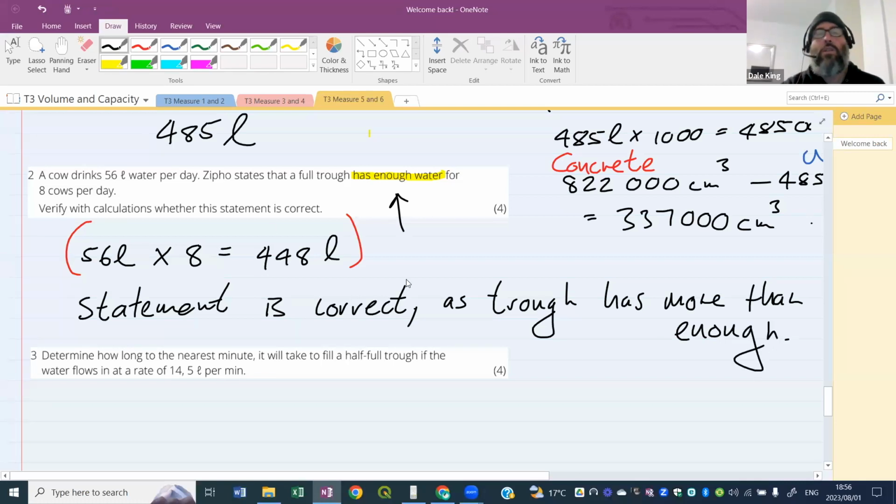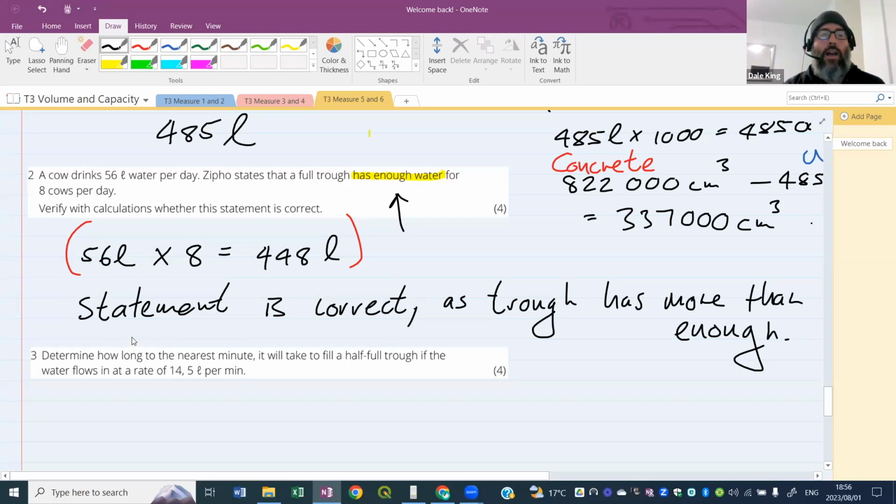The trough is 485, our 8 cows need 448, so the statement is correct. You will have enough as the trough is more than enough. But you need a calculation to back up your answer. It's not really what you write in the sentence. It's correct or incorrect. Back it up with a calculation.